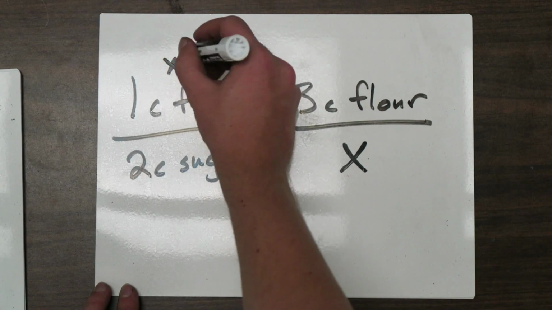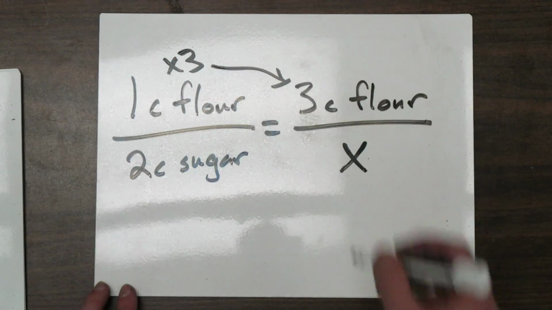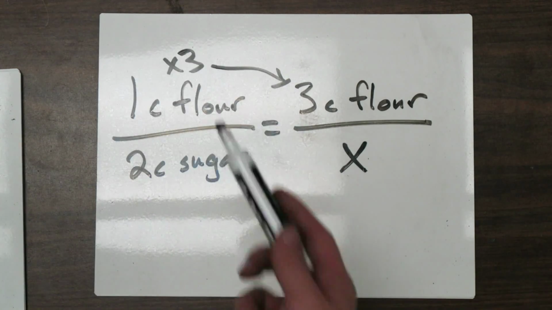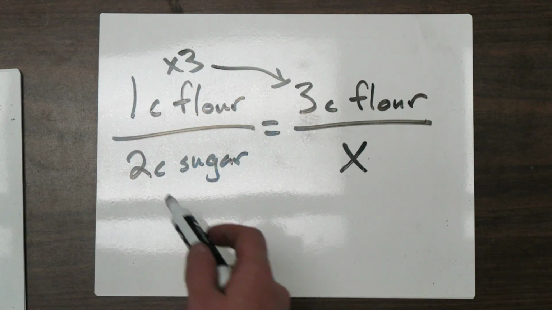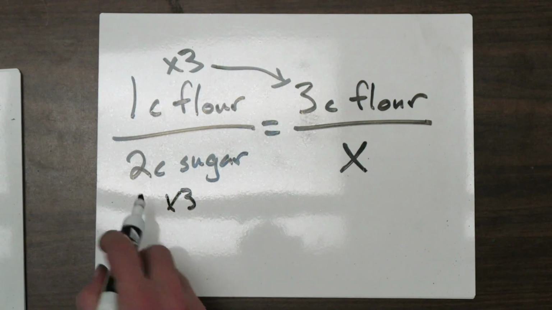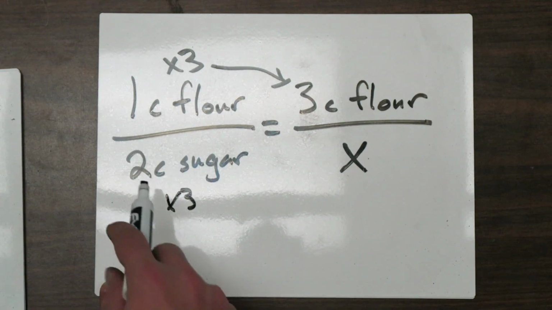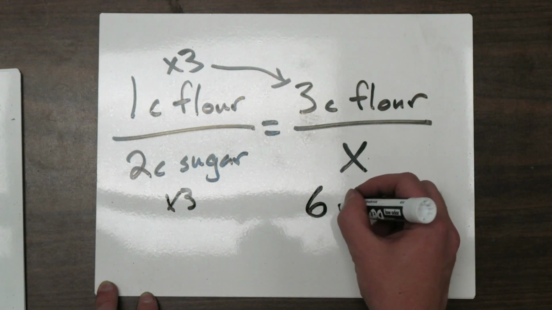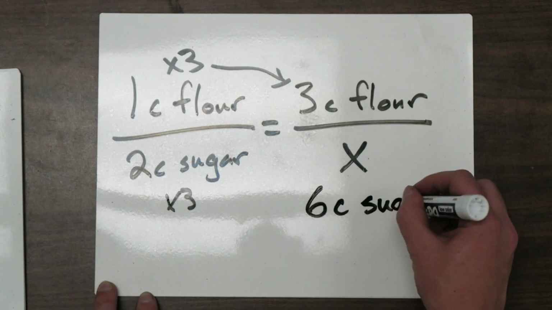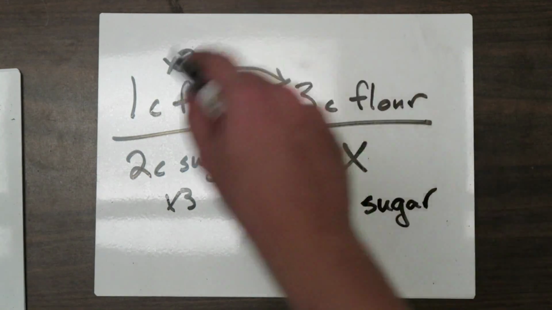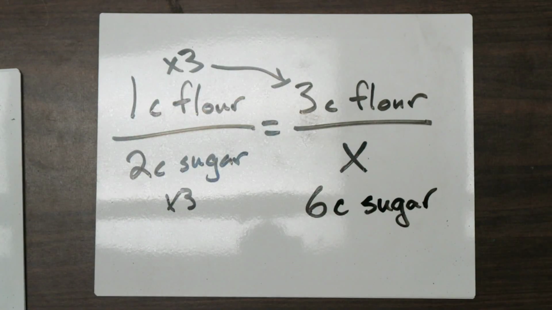Well, 1 times 3 gets me 3. And whatever I multiply the top part of the ratio by, I have to multiply the bottom part of the ratio by the same thing. So I multiply this part by 3. And 2 times 3 equals 6. So I need to have 6 cups of sugar to make this ratio proportional to this ratio.